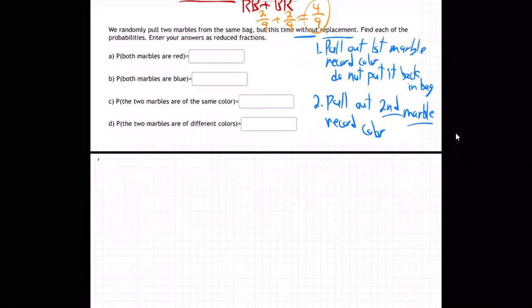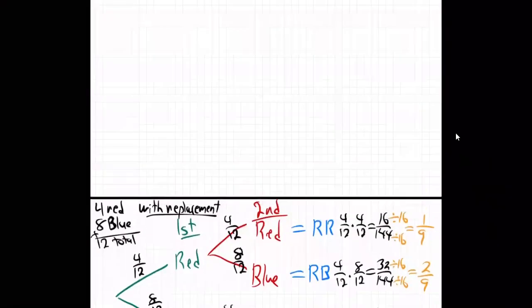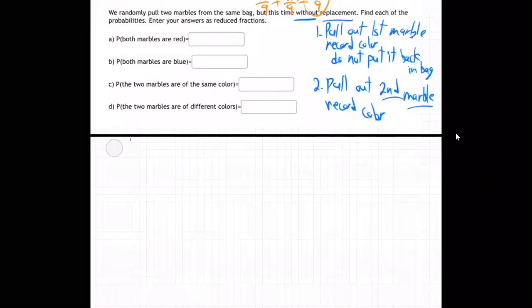So again, we have 4 red, 8 blue, 12 total.